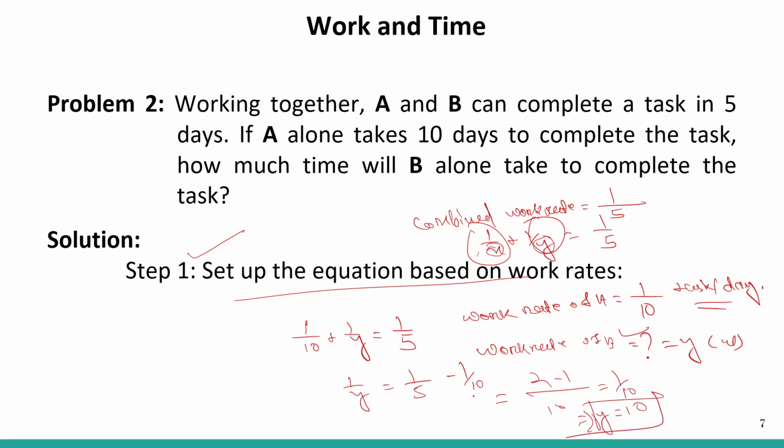So the work rate of B is 1 by 10, and the time it will take to complete exactly that work will be 10 days. So proved here, y is equal to 10, that is B alone will take 10 days, as much as A.